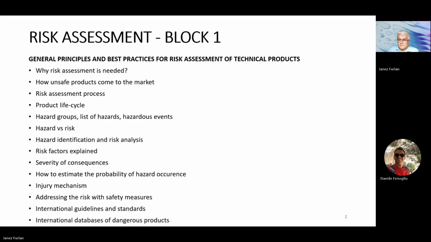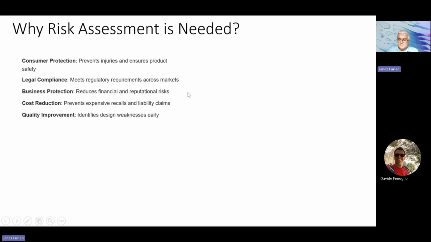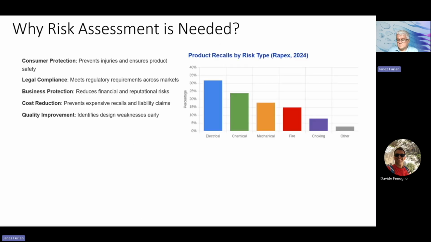Why is risk assessment needed? So there are several reasons for that, but let me start first with the number of the products that have been recalled last year in 2024 at the territory of the European Union.